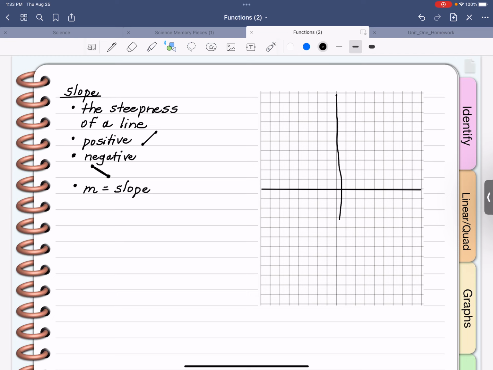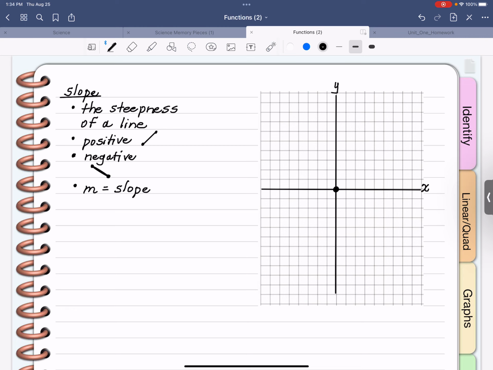We need to make sure we know our quadrants and all that, but for this purpose, I'm just going to draw a coordinate plane where this is the x-axis. And this is the y-axis. Y is tall. It's vertical. X is across. It's horizontal, like the horizon. And this point in the center is called the origin.